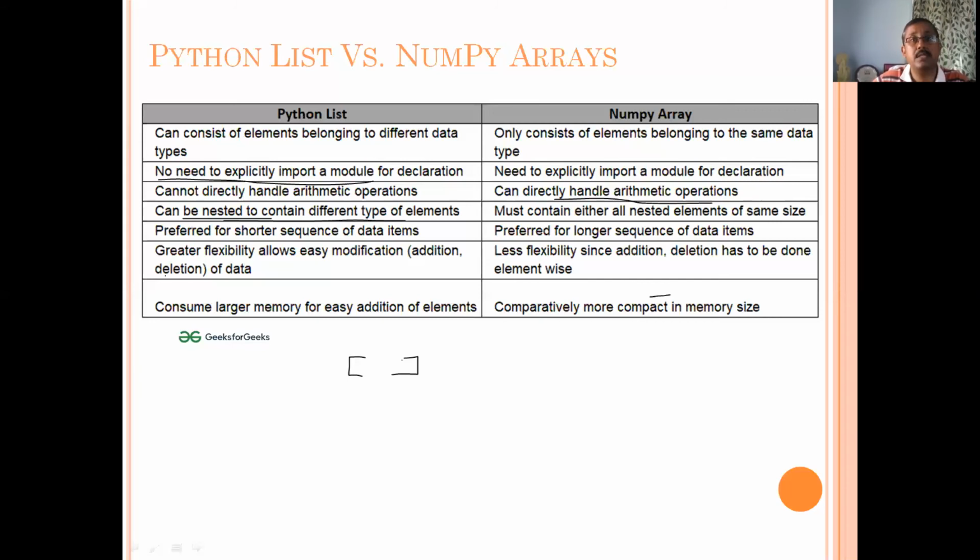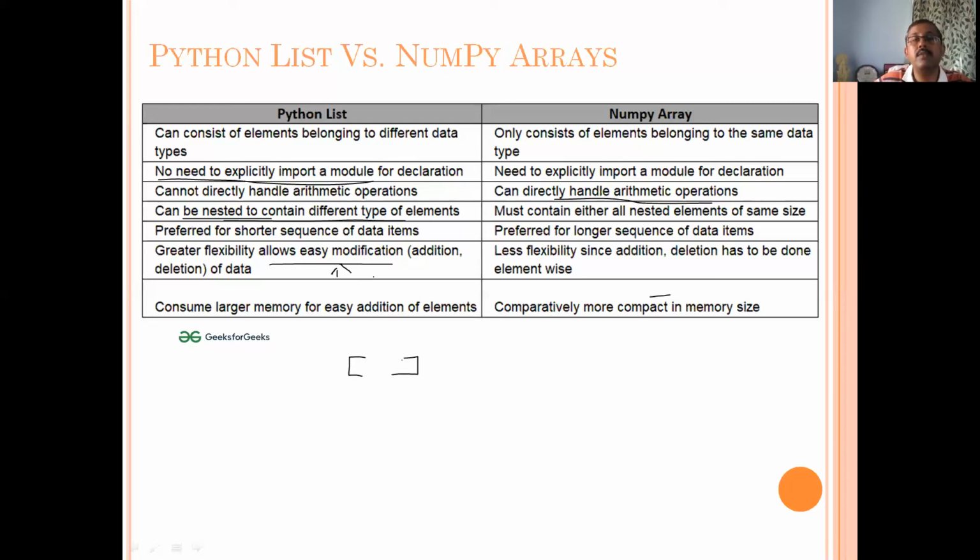We prefer lists when we have a shorter data structure, shorter length of the data item. So the number of elements of the object is less, then only we can go for lists. Otherwise, it is better to go for array, and that is kind of hand in hand with the next point, because access or updation, which means deletion or addition of elements in an array, it is much difficult, much easy, but in case of list it is much more difficult.